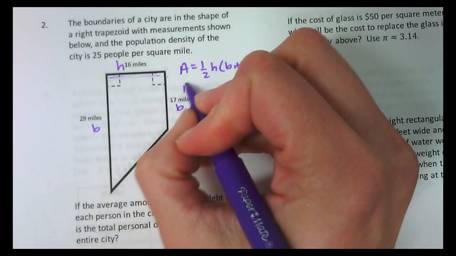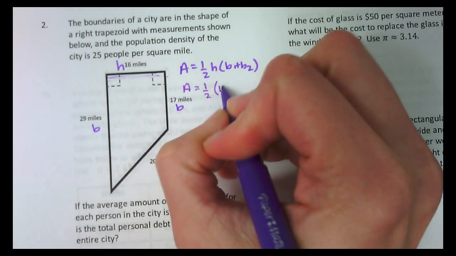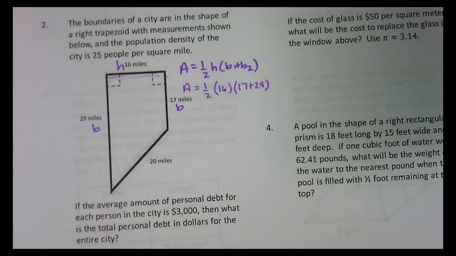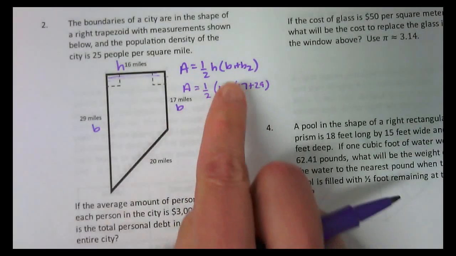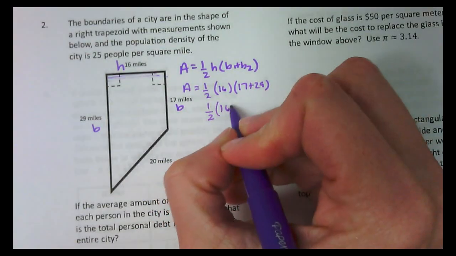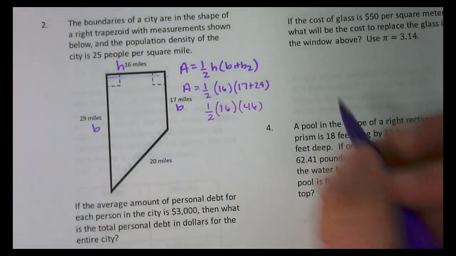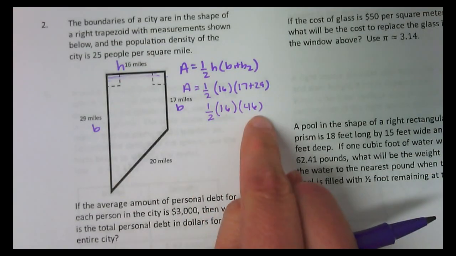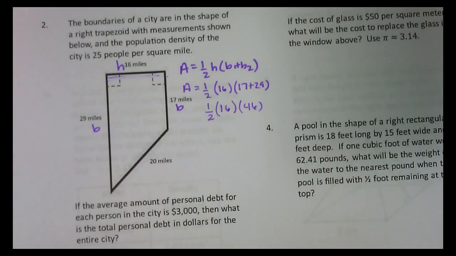So when I plug in all these values, I have 1/2 of 16 times (17 plus 29). I always want to do what's in the parentheses first, so I'm going to add my two bases together. And I've got 1/2 of 16 times 46. And then I'm just multiplying these three things together: 1/2 times 16 times 46.